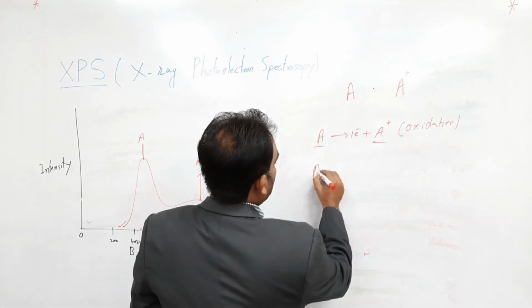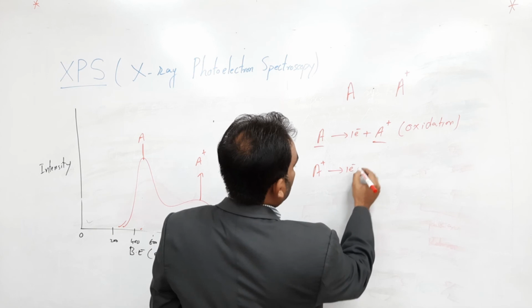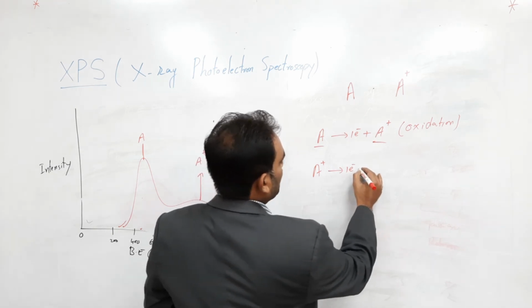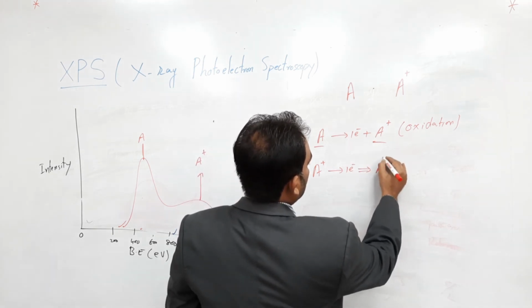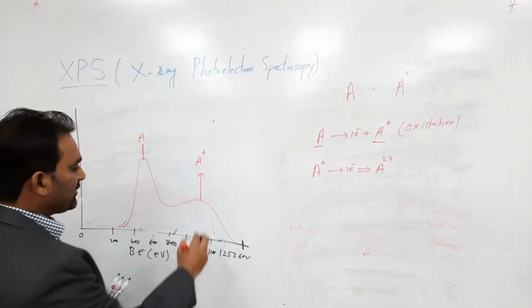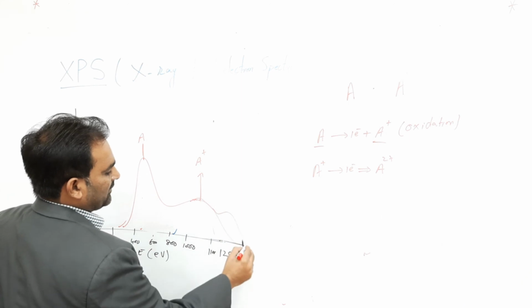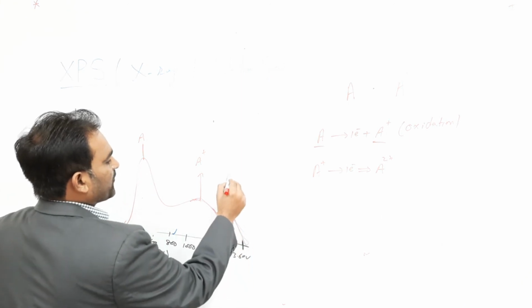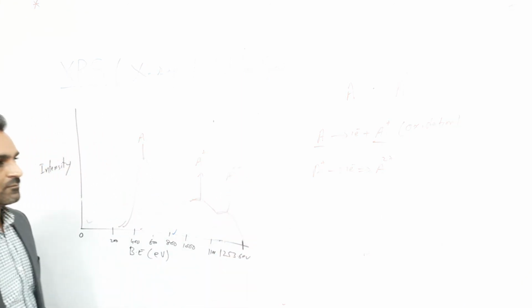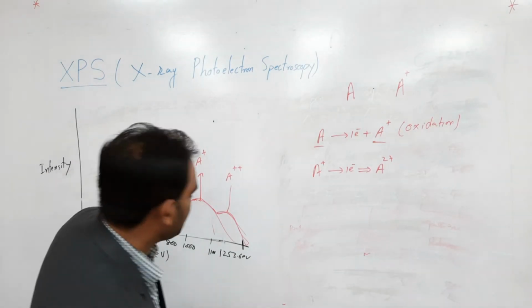Similarly, if from A plus there is removal of one more electron, it will give you A2, so its energy will be like this signal and then this signal.